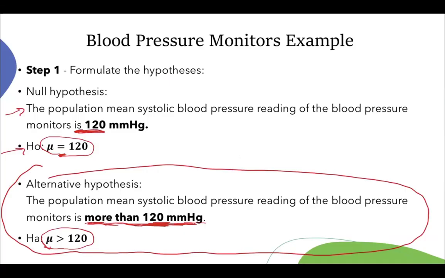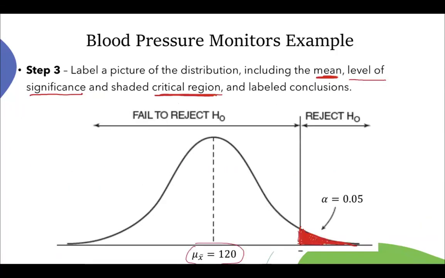And because of the phrase more than, we're going to be shading the critical region in our picture on the right-hand side. More than, greater than. So we shade our significance level, which is 5%. We shade the top 5% of the curve. And this top 5% is considered the critical region.